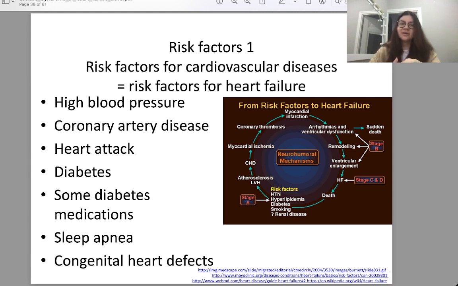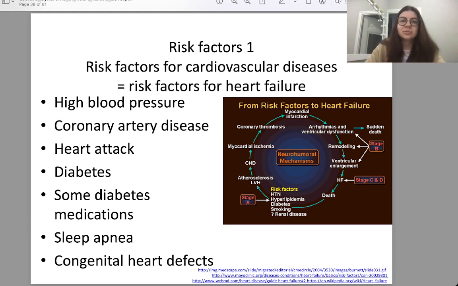Among risk factors, we can name all risk factors that are usual for all cardiovascular disease. Understandably, the same cardiovascular risk factors. If you remember the lecture on cardiovascular methods of diagnostics, we discussed these risk factors there. All of them are relevant for heart failure because any disease can result in heart failure.